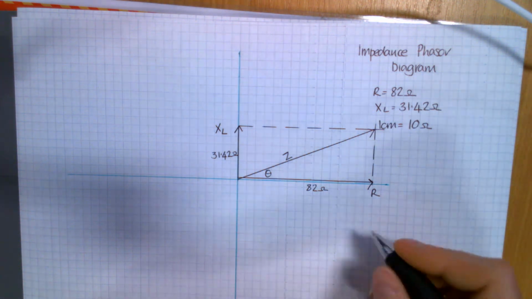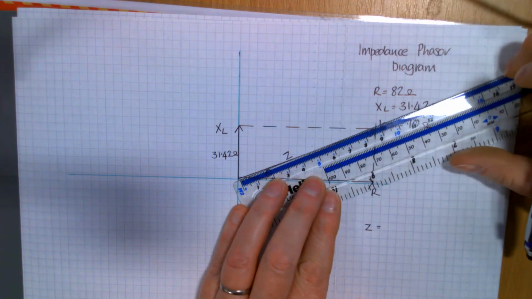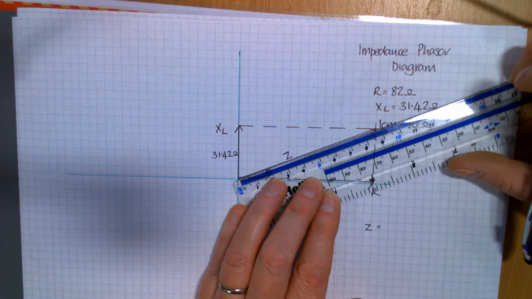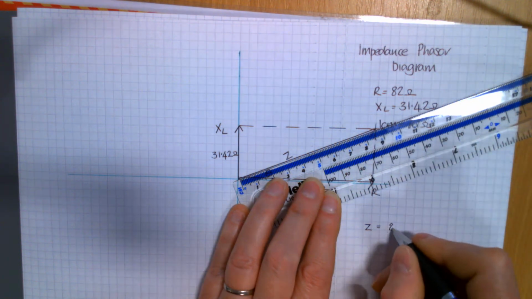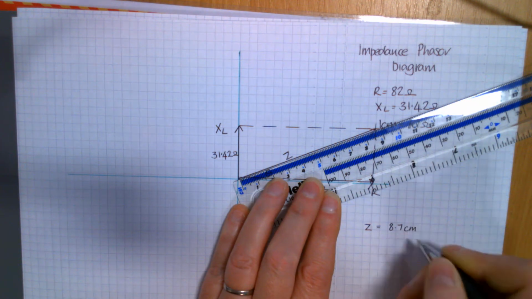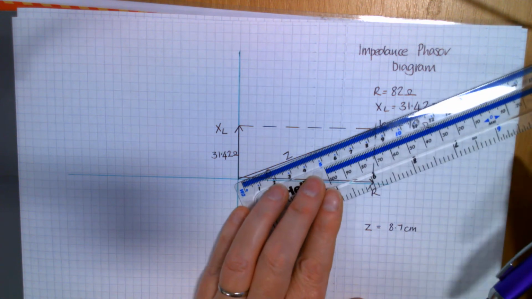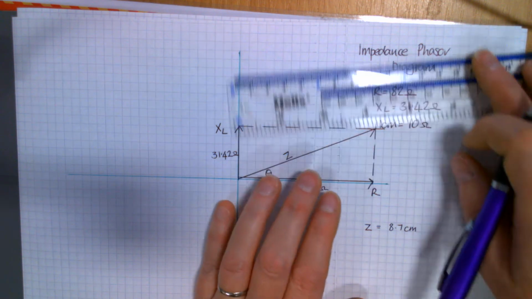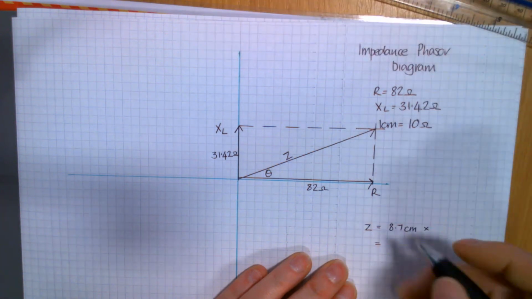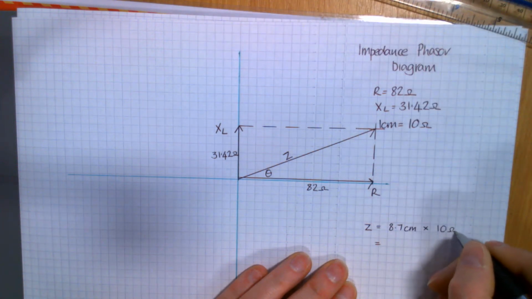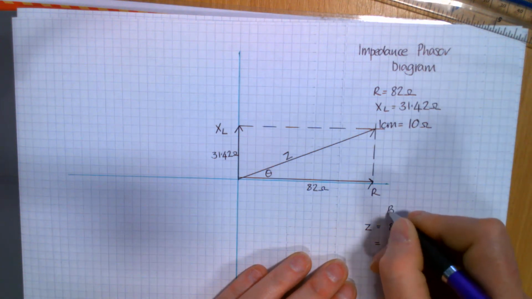So measuring my Z, on mine it's about 8.6, 8.7 centimetres. Yep, so 8.7 centimetres, and 1 centimetre is 10 ohms. That's by measurement.